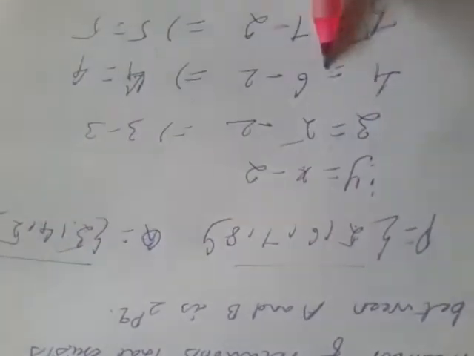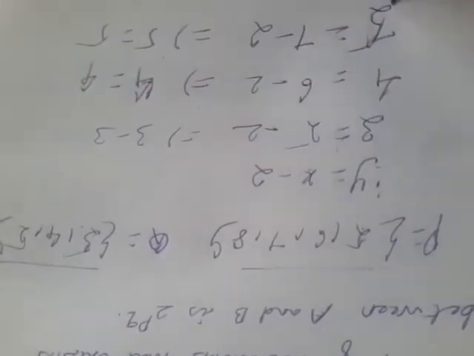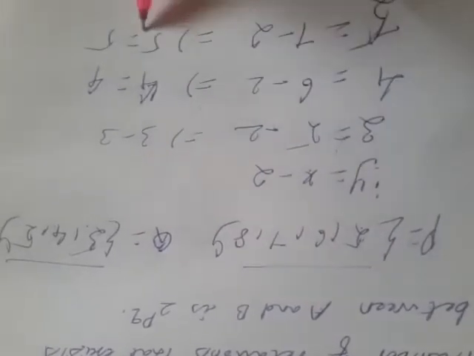Next, 4 equals 6 minus 2. The next, 7 minus 2 equals 5. So this condition is correct.